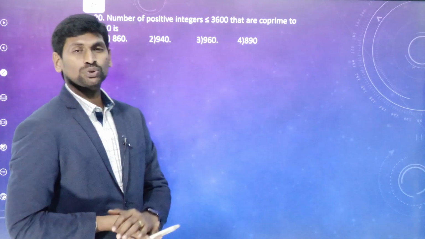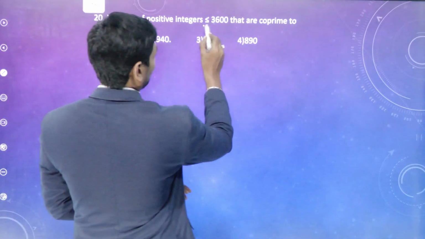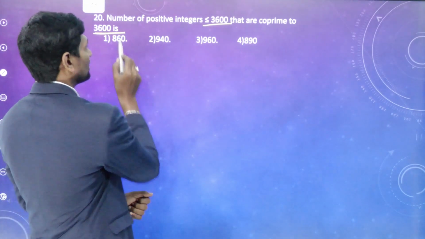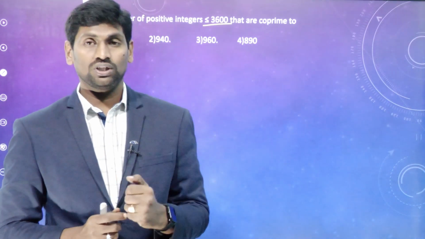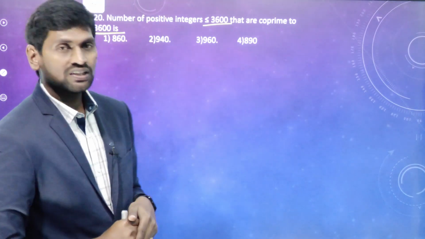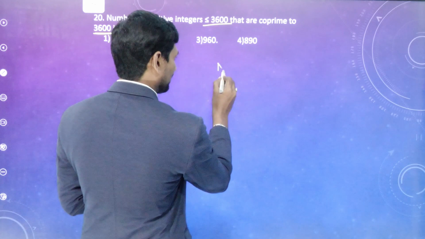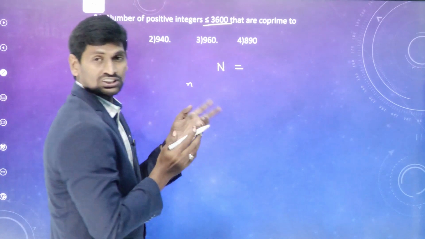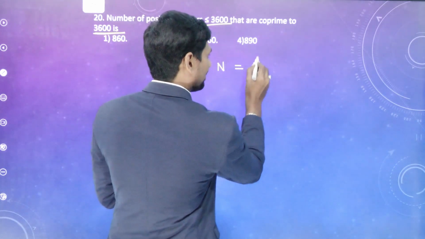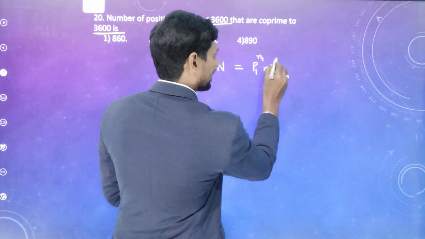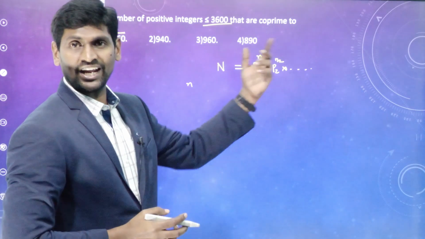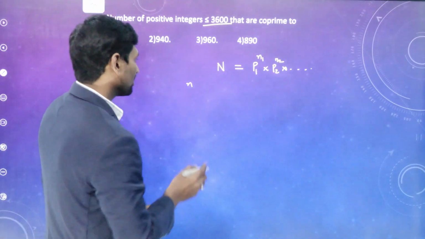Right. So number of positive integers less than or equal to 3600 that are co-primes to 3600 is. So I think in previous class we have discussed about it. Euler's totient rule or totient function. Okay, na? That means what is the formula? If any composite number is expressed as p1 power n1 into p2 power n2 and so on, where p1, p2 are prime numbers, n1, n2 are their exponential forms, right?